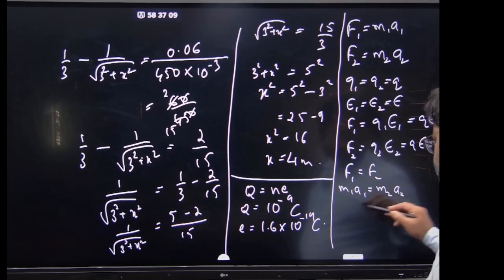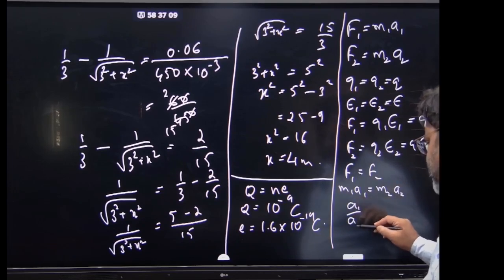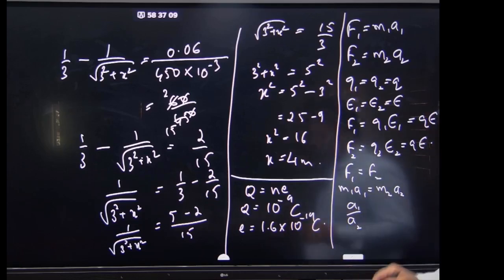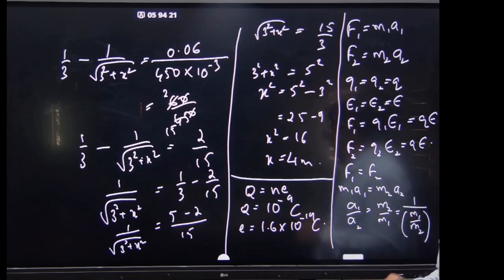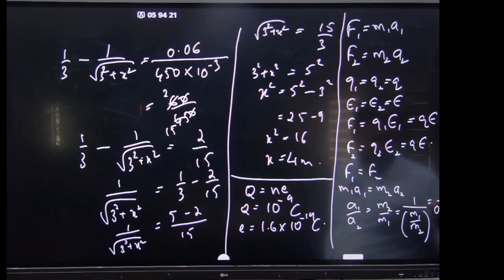But what has he asked us? He has asked us what is A1 divided by A2. That is equal to M2 divided by M1, which is equal to 1 divided by M1 by M2. What is M1 by M2? 0.5. So that is equal to 1 divided by 0.5, which means A1 by A2 is equal to 2.